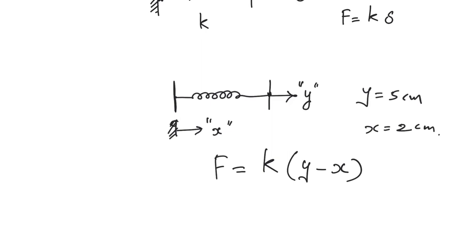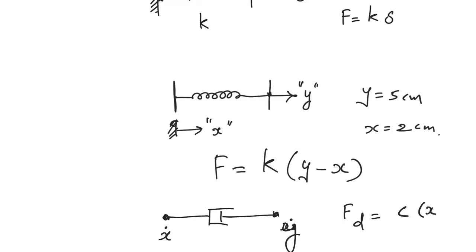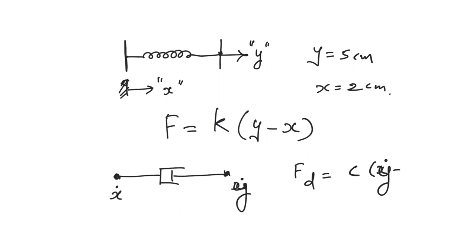The same thing applies to a damper as well. Let's say I have a damper connected between 2 points, and this particular point is moving with a y dot velocity, and this point, let's say x dot. Then the force experienced in the damper will be, with the coefficient of viscous damping C, C times y dot minus x dot.